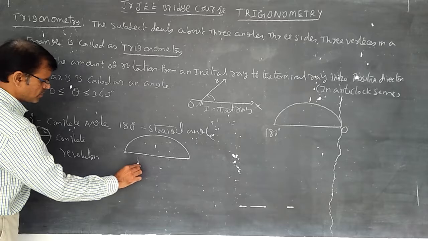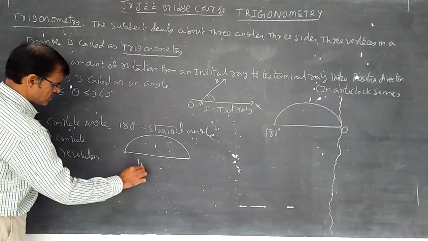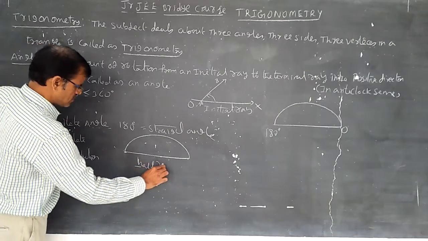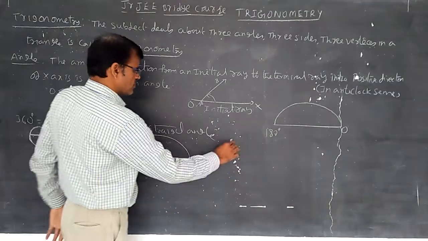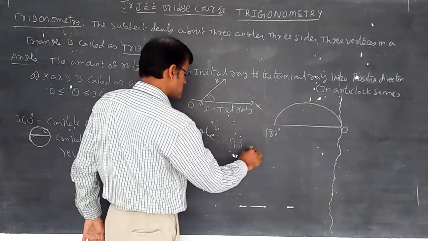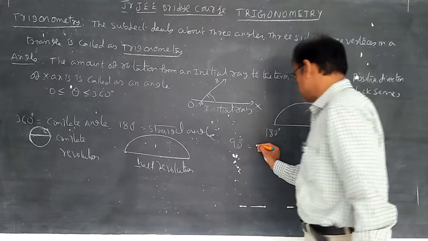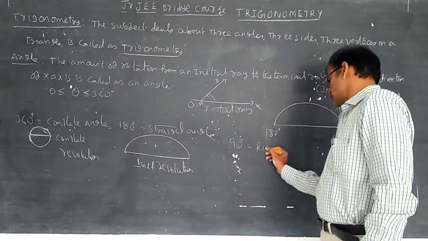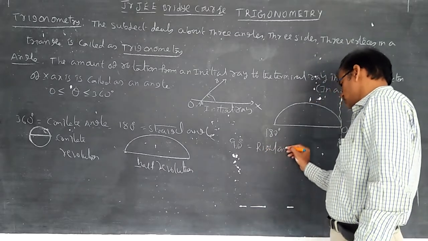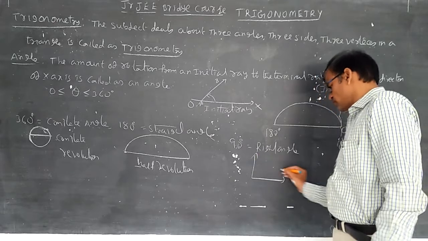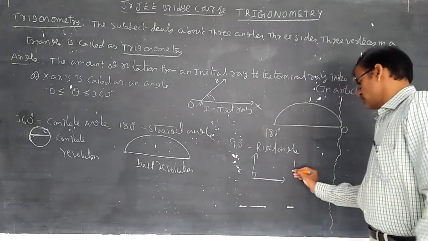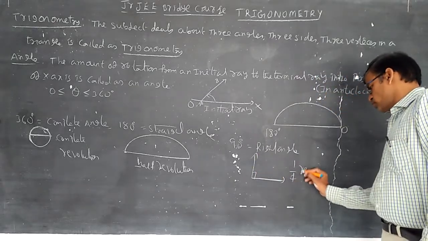This is half revolution. 90 degrees means a right angle. It is called 1/4 of a revolution.